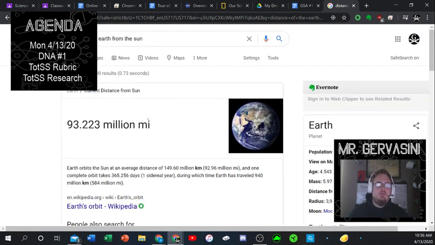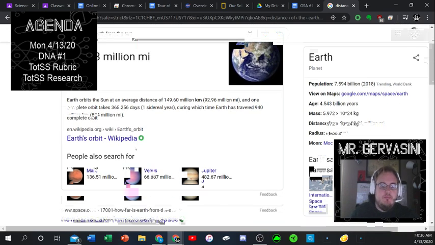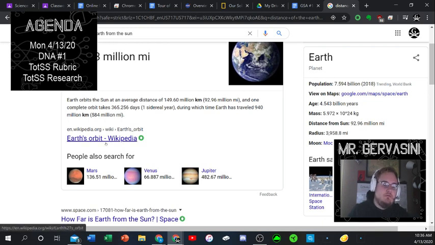And I get this little blurb, right? This blurb is, again, not a source. You can't just take this link, copy and paste it. Google is not a source. Google is a tool. Where's Google pulling 93 million miles from? Again, that's in scientific notation. It's pulling it from Wikipedia.